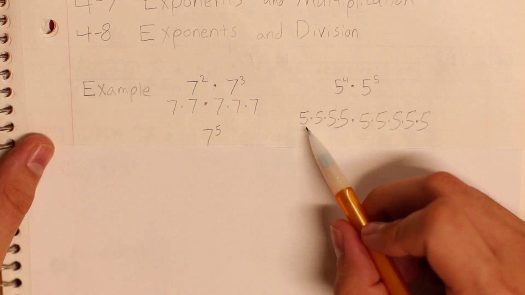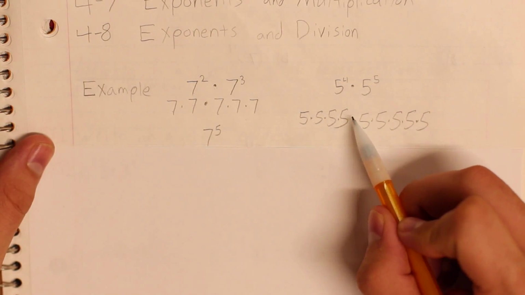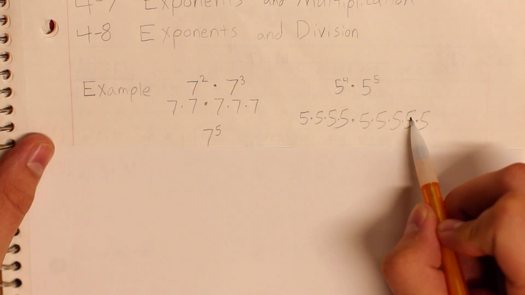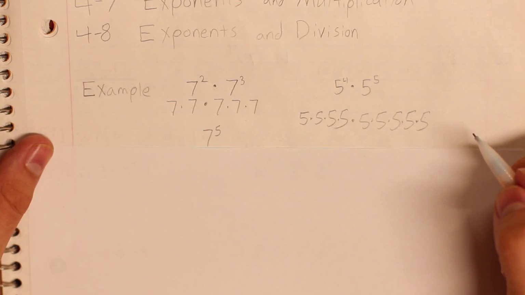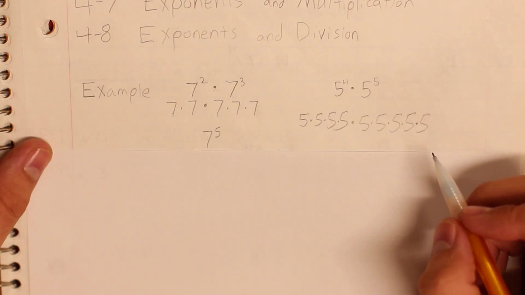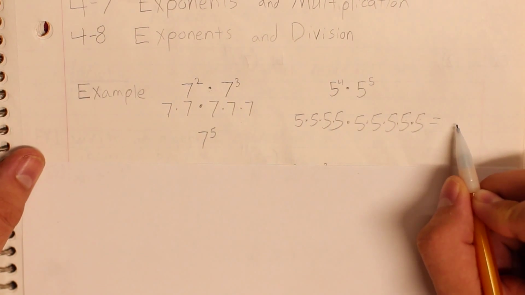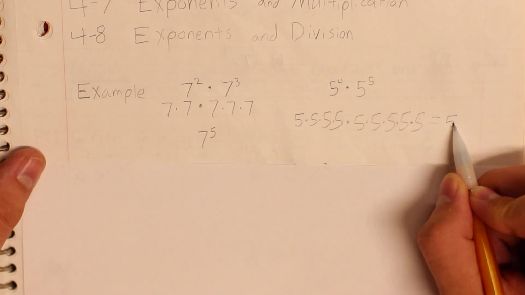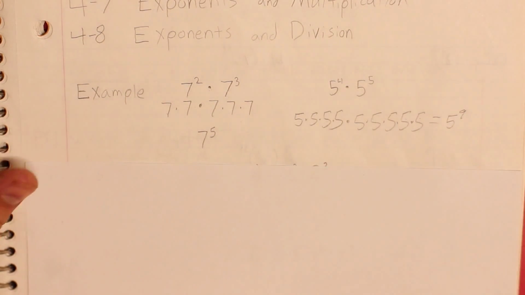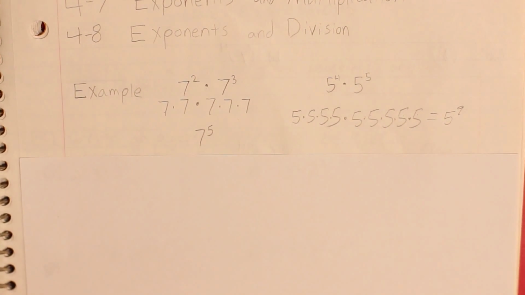Now I have 5 times 5 times 5 times 5 times 5 times 5 times 5 times 5. Eventually it seems to lose its meaning, doesn't it? Anyways, does that not simply change into 5 to the ninth? Yes, you could indeed say that.